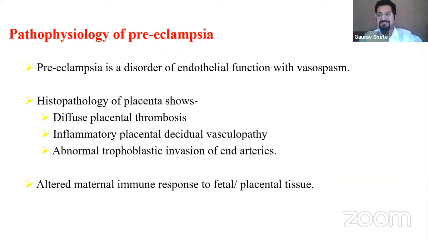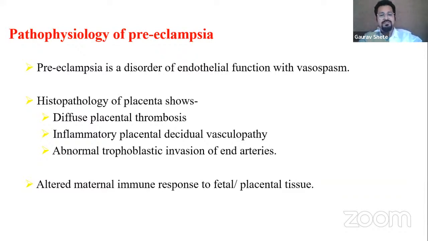But once these toxins damage the endothelial layers, there will be consumption of platelets, consumption of fibrin, and release of more toxic substances which cause vasoconstriction, and this might also lead to DIC and HELLP syndrome.